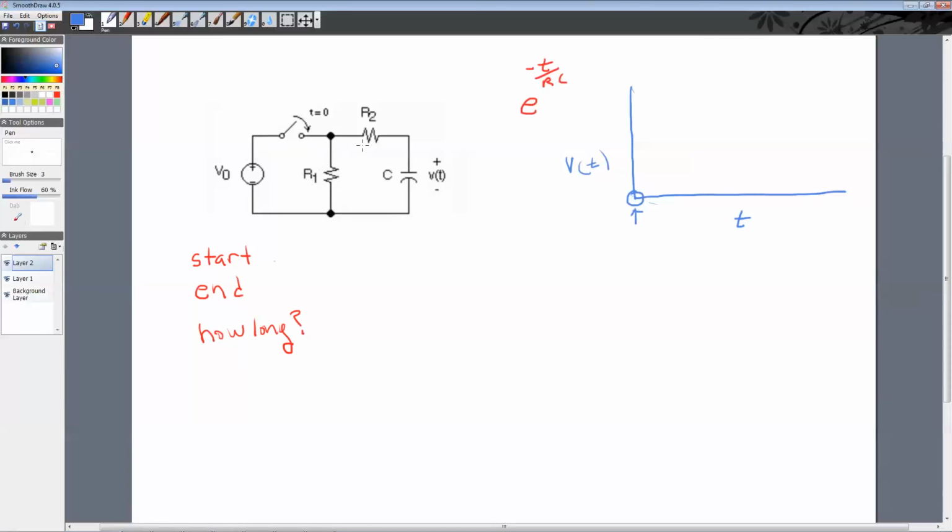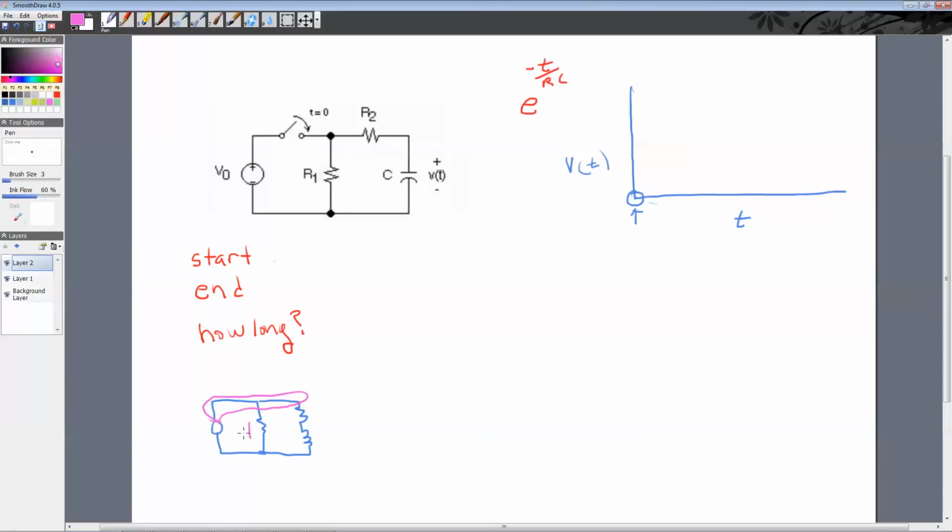And maybe if I redrew this a little bit down here, it'd be easier to see. Okay. So see how this is all at the same, that's all the same node. So whatever the voltage is here is here is here.